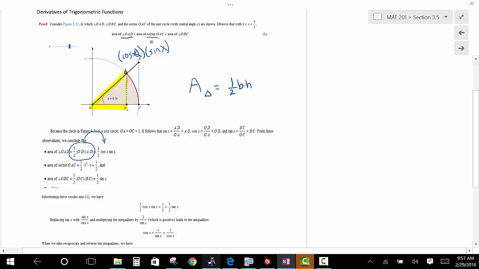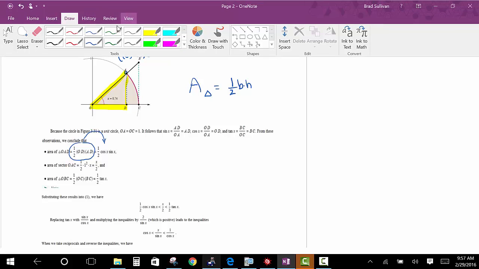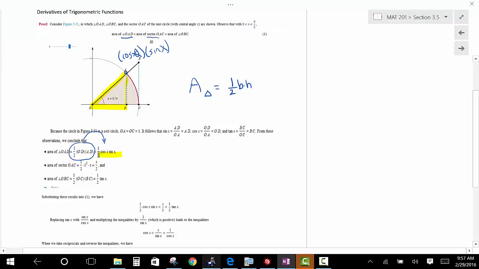And then AD, isn't that the y value? So isn't it just the sine of x? What I'm trying to show you is that technically that is the area of OAD. If you look at it analytically and use this formula for a triangle, and the fact that that's cosine and that's sine, that's what you're going to get.